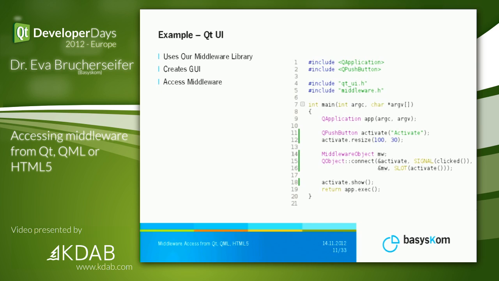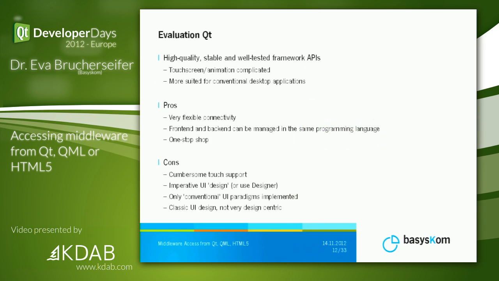You can click on the push button, connect the clicked signal from the push button to the activate slot inside your middleware object, and there you have the connection. So it's basic, what you most probably already know, and it's very easy to access the middleware.